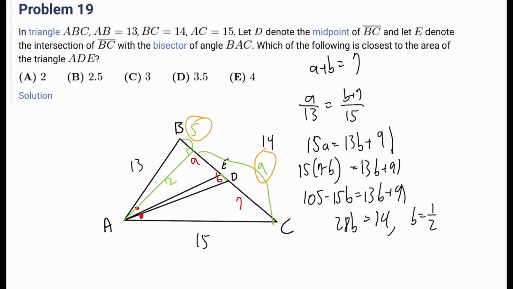This is 5 plus 9 equals 14, and 12, 9, 15, that's a 3-4-5 triangle, even though it doesn't kind of look like it. And 12, 5, 13, that is a well-known Pythagorean triple, right? And so that just gives us the length of this, which is 12. And so our area of the triangle is 12 times 1/2 times 1/2. So this is 3, so the answer is C.